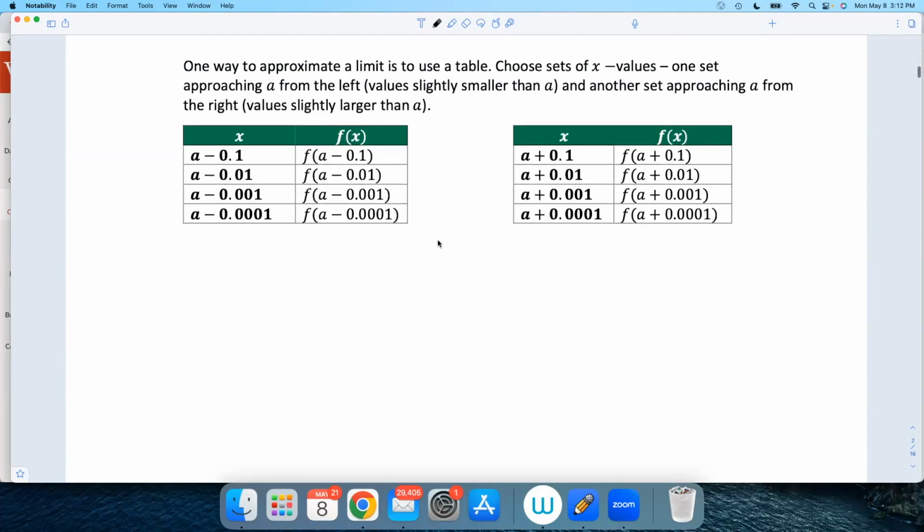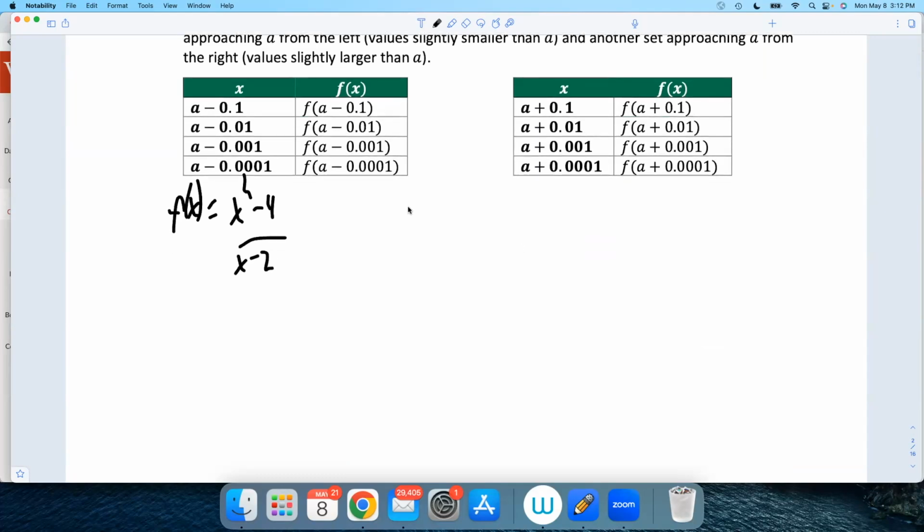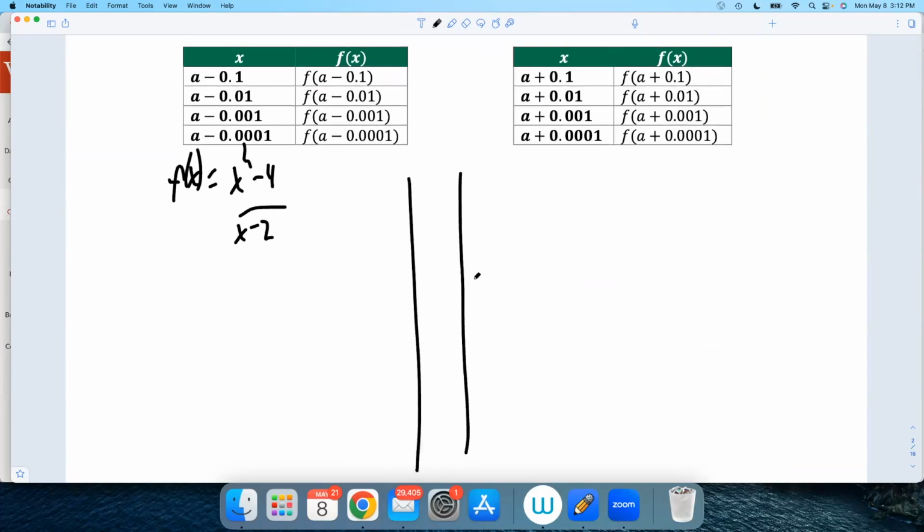I'm going to rewrite it down here. f of x is x squared minus 4 over x minus 2. And I'm going to build this XY table. Maybe one or two of these we'll do by hand, but then I'm going to show you how to do this in your calculator.